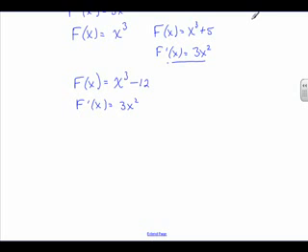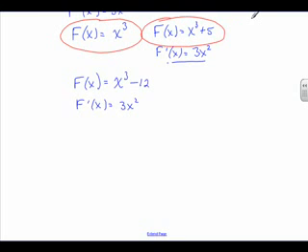So basically, any function, x cubed plus 5, x cubed minus 12, any function that contains the term x cubed and then a constant term, added or subtracted, it doesn't matter, would be referred to as an antiderivative of f of x.